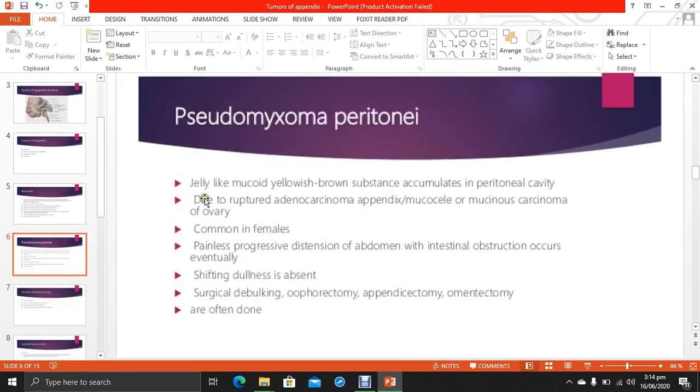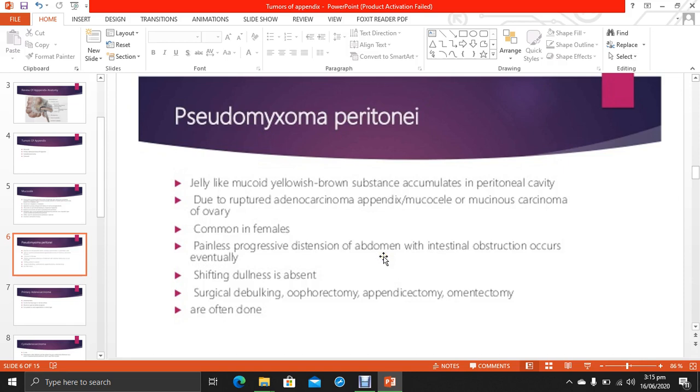Pseudomyxoma peritonei is a jelly-like mucoid, yellowish-brown substance accumulating in the peritoneal cavity. It can be localized or generalized. Localized means in the right iliac fossa, while generalized involves the whole abdomen. It is due to rupture of an adenocarcinoma of the appendix, or a mucocele, or a mucinous carcinoma of the ovary. This is common in females, and there is painless progressive distension of the abdomen, and sometimes intestinal obstruction.